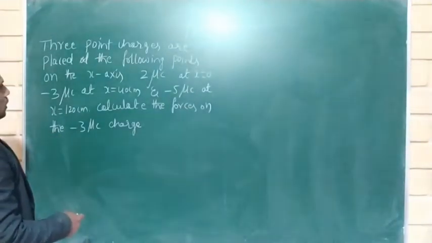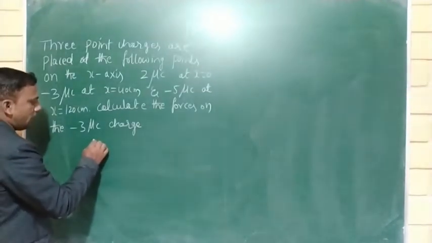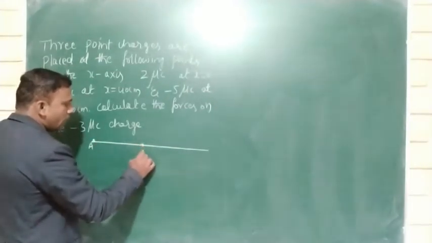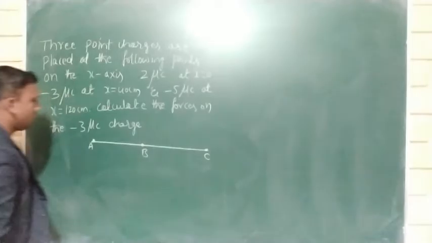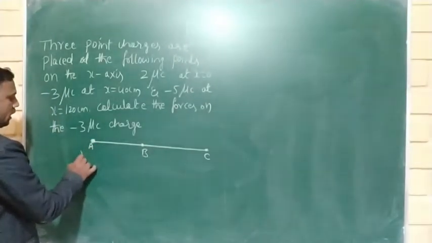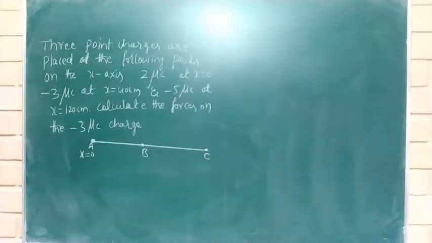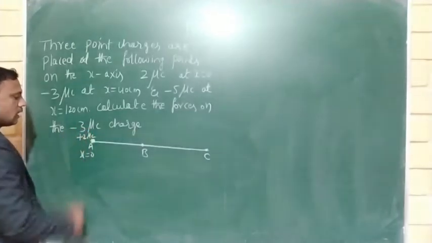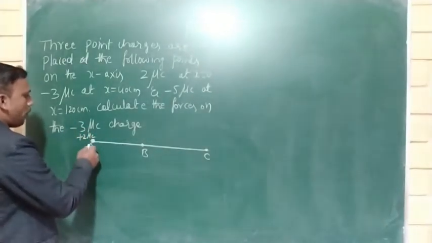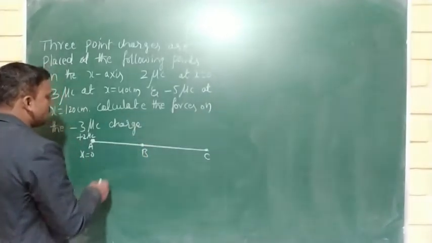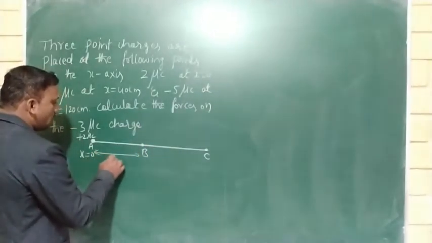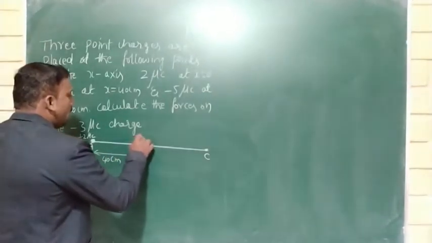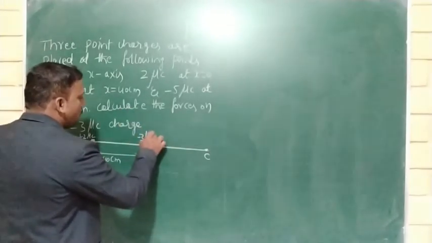3 point charges are placed at the following points. Points are A, B, C. At point A, x is equal to 0, a plus 2 microcoulomb charge is placed. From point A to point B, the distance is 40 centimeter, and a minus 3 microcoulomb charge is placed.